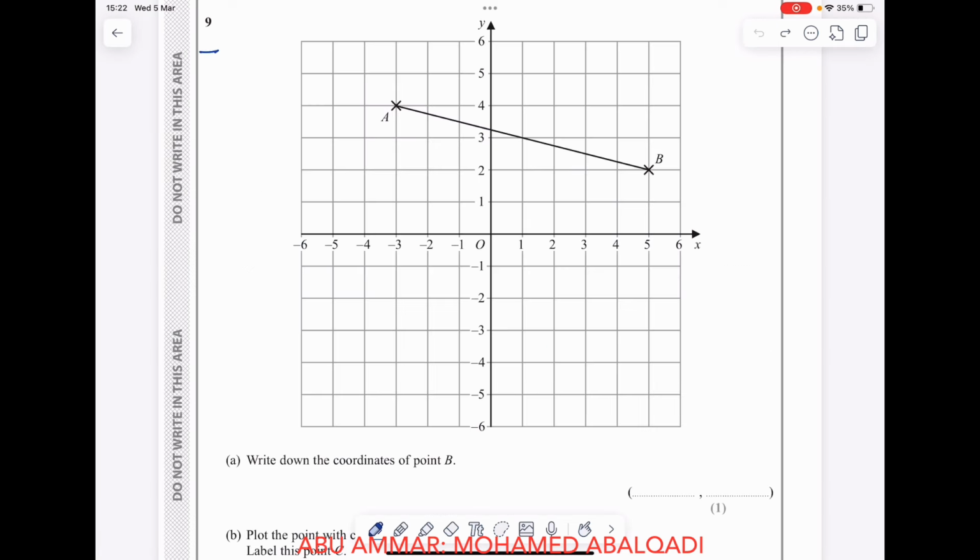Our next question is question 9a, and in this question we're asked to write down the coordinates of point B, which is this point here on the graph. And this is a linear equation graph, and the vertical axis gives the y coordinates and the x-axis gives the x coordinates.